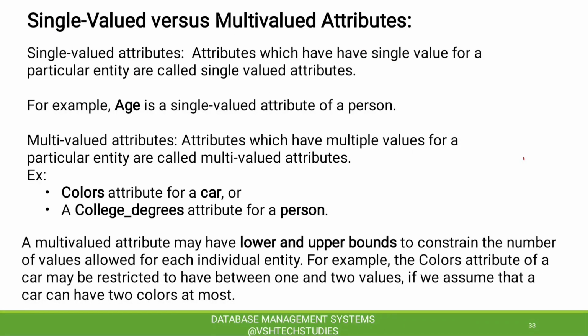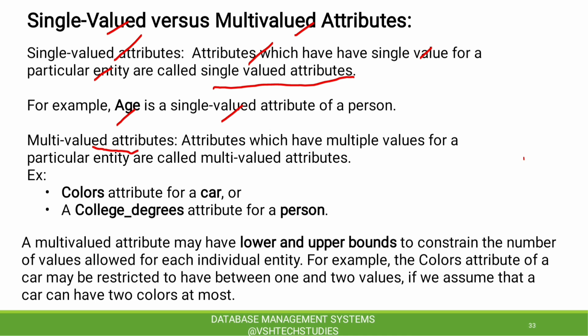Next we shall see what is meant by single valued attributes and multi-valued attributes. Single valued attributes. The attributes which have single value for a particular entity are called as single valued attribute. For example, age is a single valued attribute of a person.